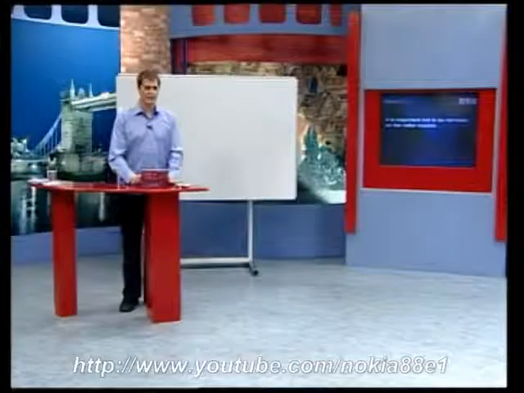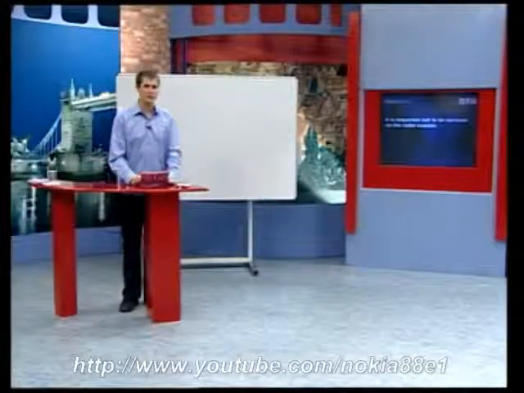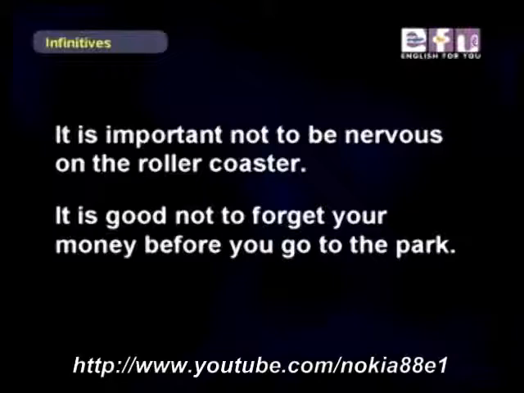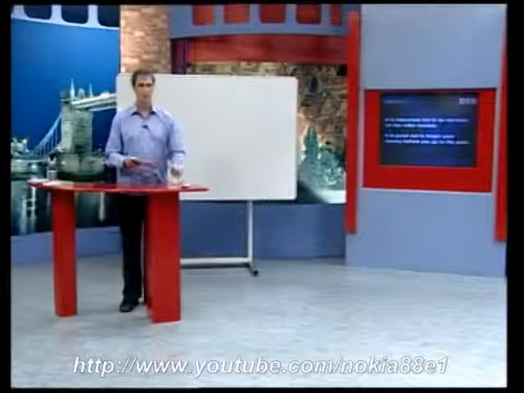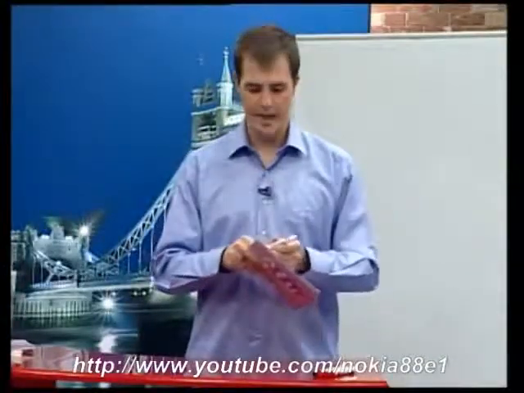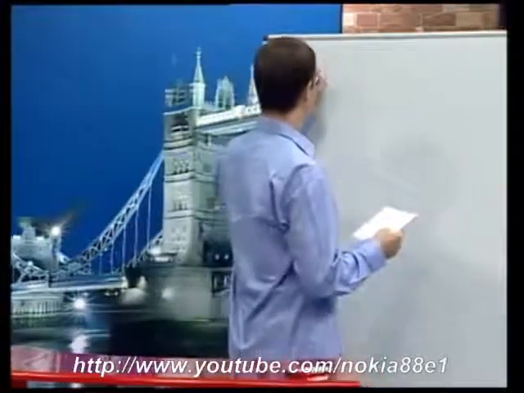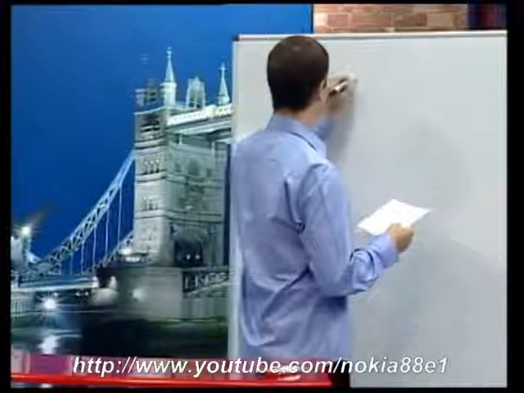Let's look at negative infinitives. Have a look at these sentences. It's important not to be nervous on the roller coaster. It is good not to forget your money before you go to the park. So not is used before the infinitive in negative sentences. Let's have a look at this.